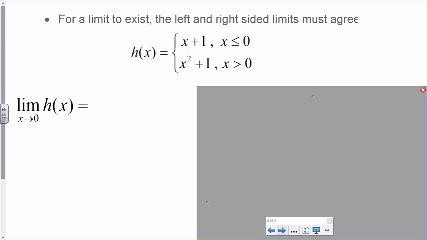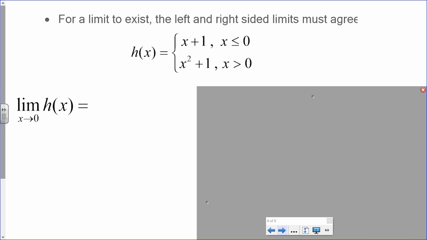Why do you think I chose the limit as x approaches 0? Because that's the only part where the two functions don't necessarily include it. Okay, that's like our break in the domain, right? One function is all to the left of 0, one function is all to the right of 0.